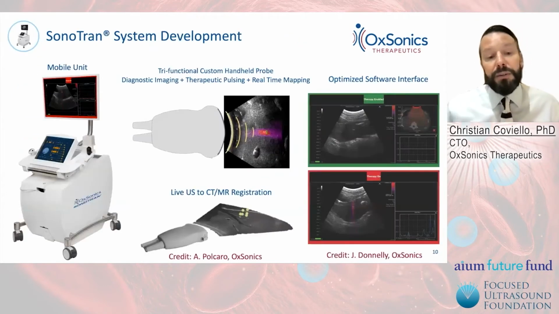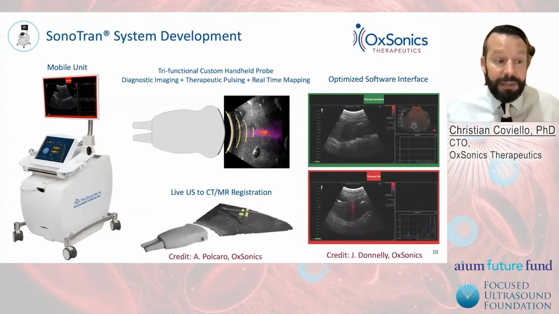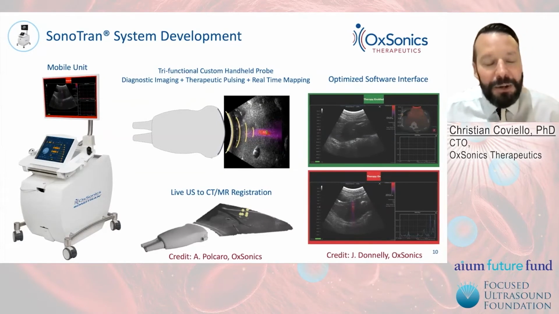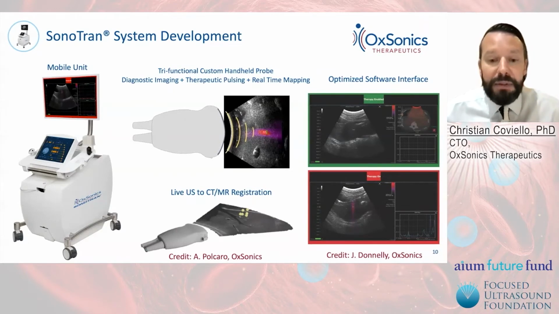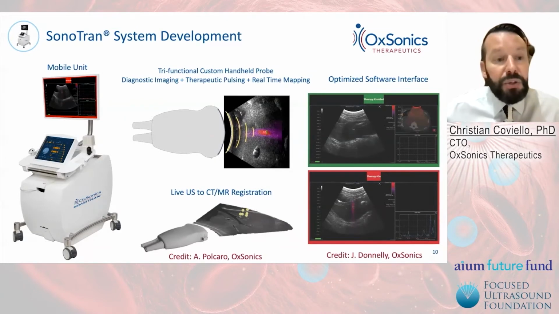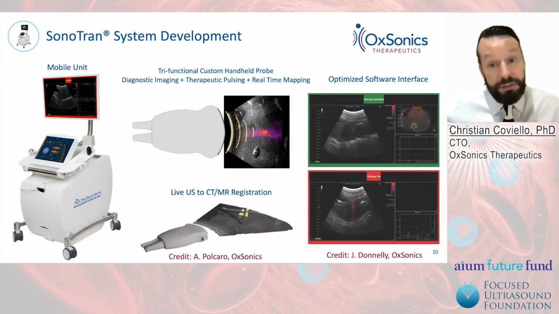Now, I talked about the particles. I have to talk a little bit about the system so that the next parts of this presentation make more sense. We developed our own ultrasound system, and one of the main reasons was to get the best effect out of our particles. Quite uniquely, this system has a multifunction probe.